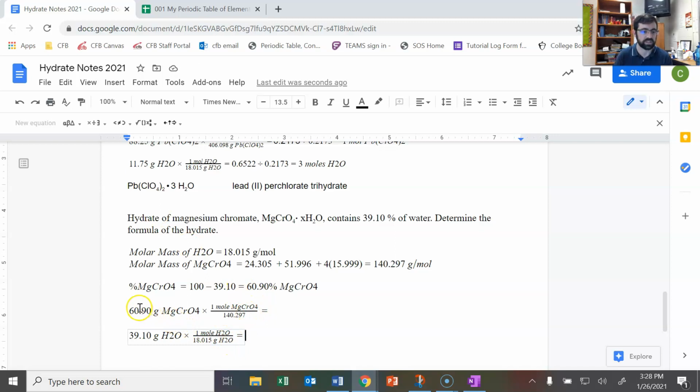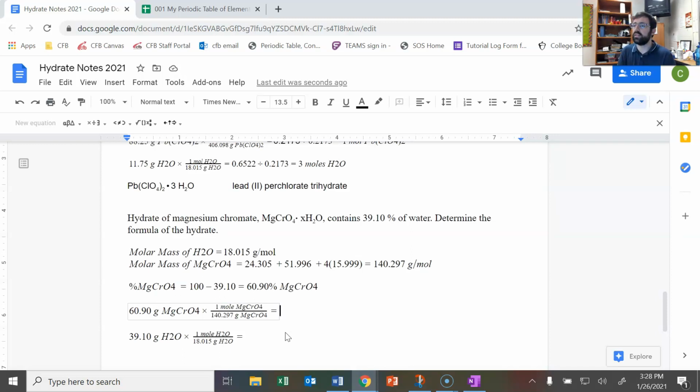So again, we just did percent to mass, just wrote it as grams. We need to convert to moles. You do that by dividing by your molar mass. I should have labeled this. You want to make sure you're labeling your units. It's a good habit to be in.